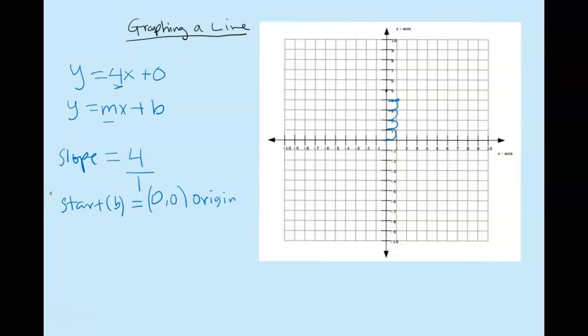So we make a point here, and then we can even go down 4, 1, 2, 3, 4, and then we go left 1, and then after that we pick our ruler and then we make the connection right here.